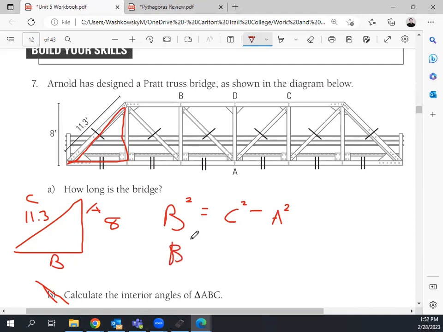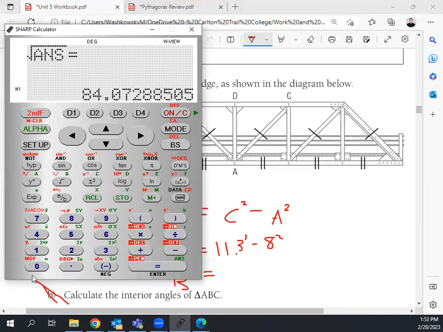So if you do that, I'm just going to put 11.3 squared minus 8 squared. You can calculate it out later if you want. That's not exactly 64, but once you take the square root of it, then I got like 7.98 for the other side, and I just rounded to 8.